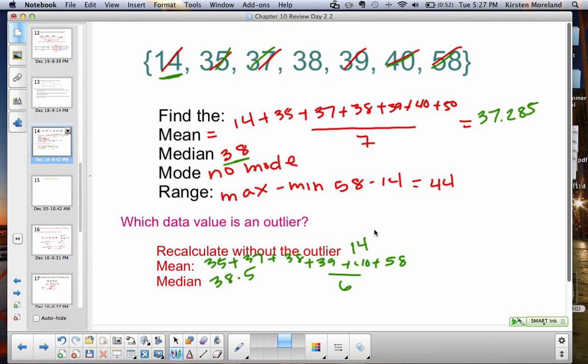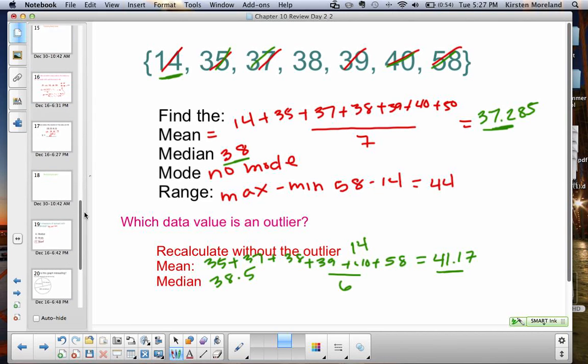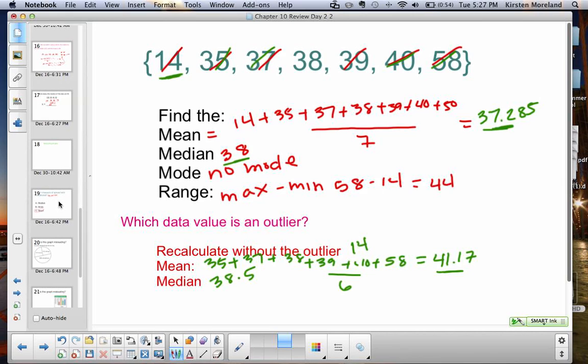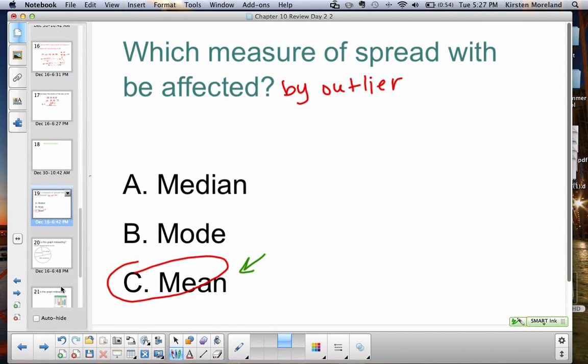And I get a mean of 41.17. So if you look at which value changed the most, the mean has gone up about 4, and the median has only gone up by 0.5. So when you have an outlier, the value that's going to be most affected is the mean. The median will change slightly, but the mean is what's going to matter most. Okay?